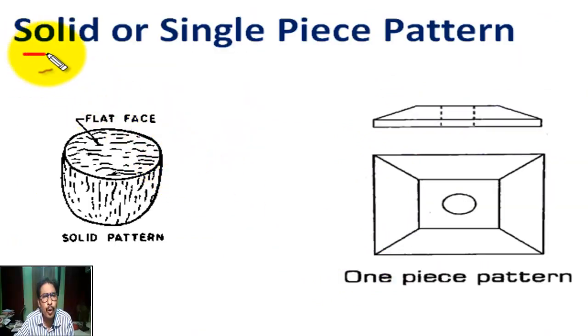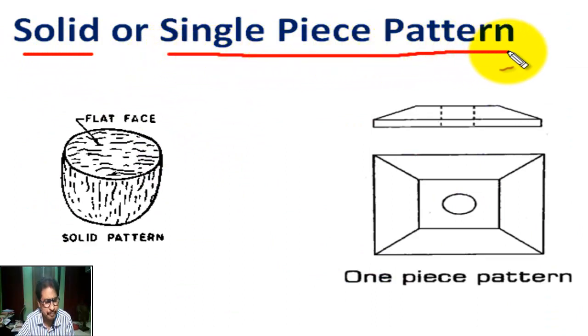Now, solid or single piece pattern. Solid pattern is one piece pattern and simple shape, no loose piece and joint.